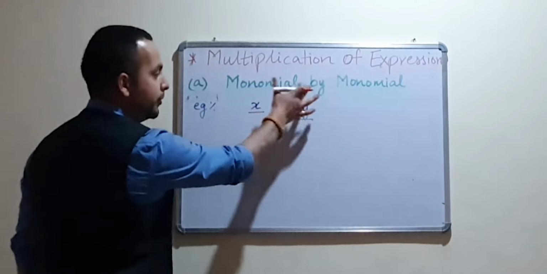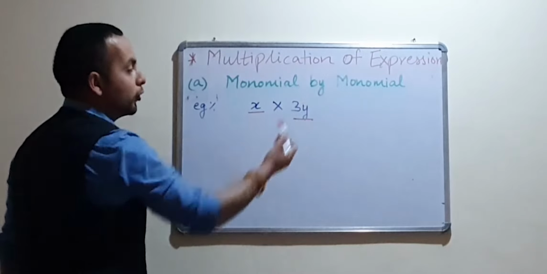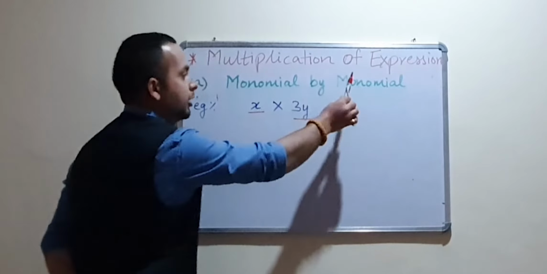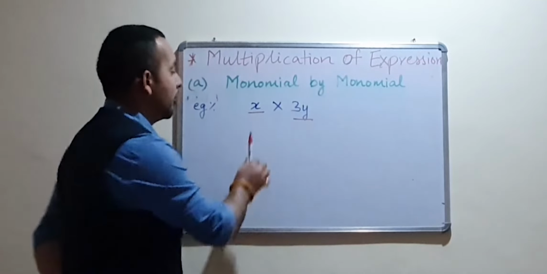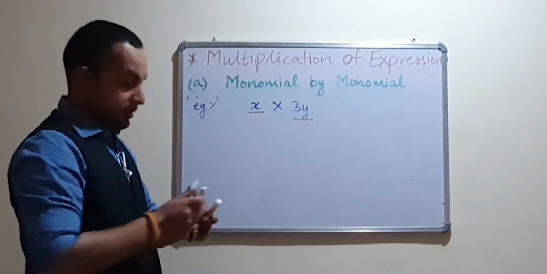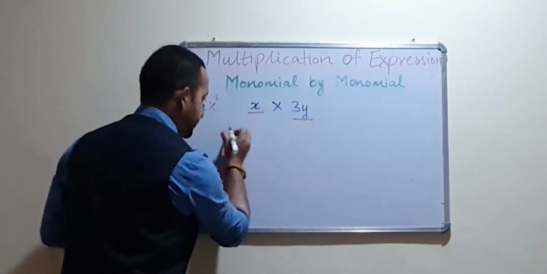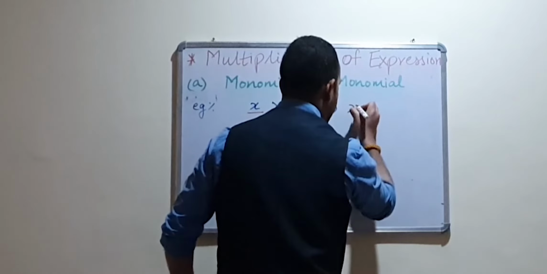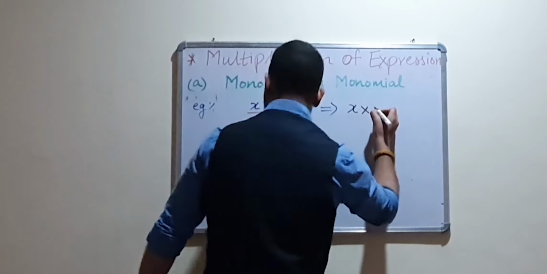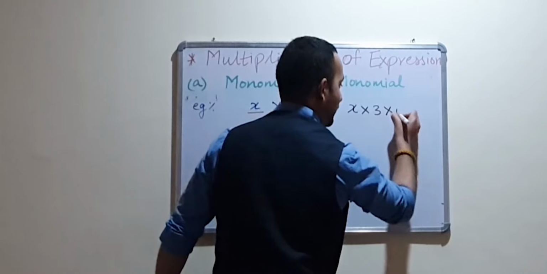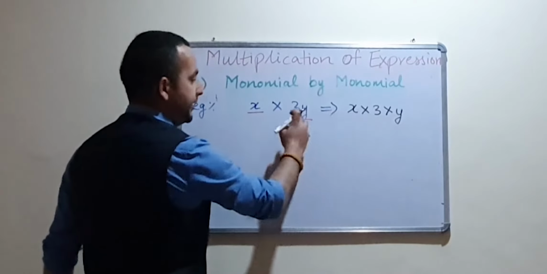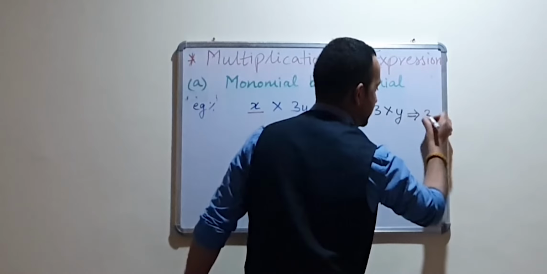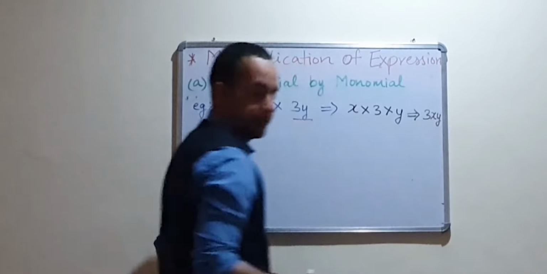Monomial by monomial multiplication. So monomial by monomial, what will we get as the product? We are going to multiply x by 3 by y, which equals 3xy.